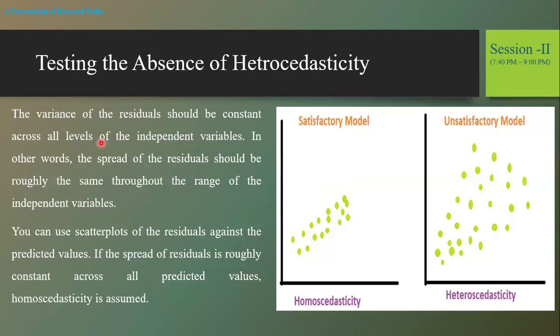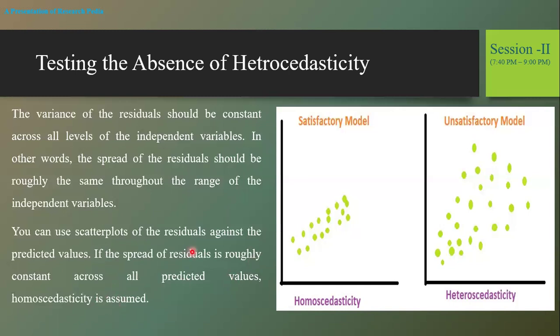So the variance of the residual should be constant across all levels of the independent variable. In other words, the spread of the residual should be roughly the same throughout the range of the independent variables. You can use scatter plots of the residual against the predicted value. If the spread of the residual is roughly constant across all predicted values, homoscedasticity is assumed.